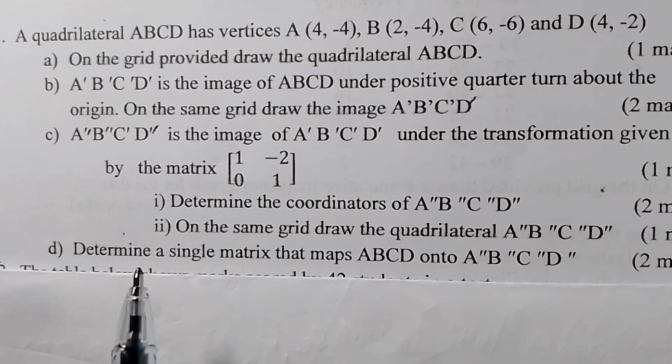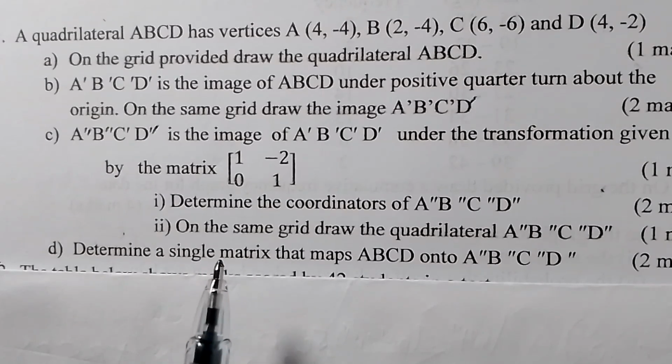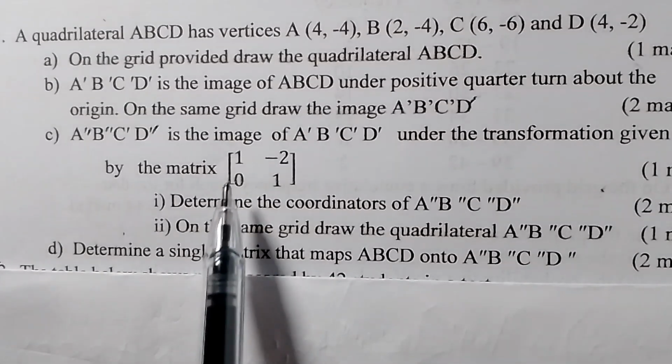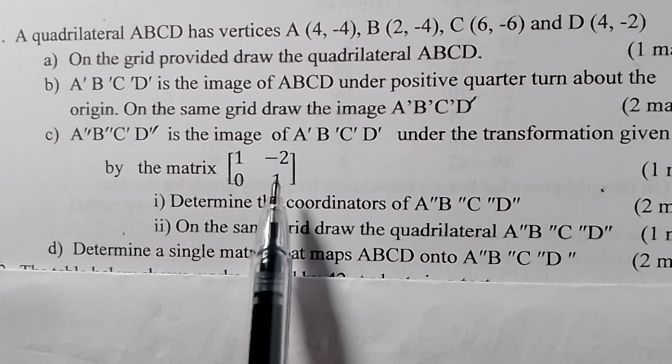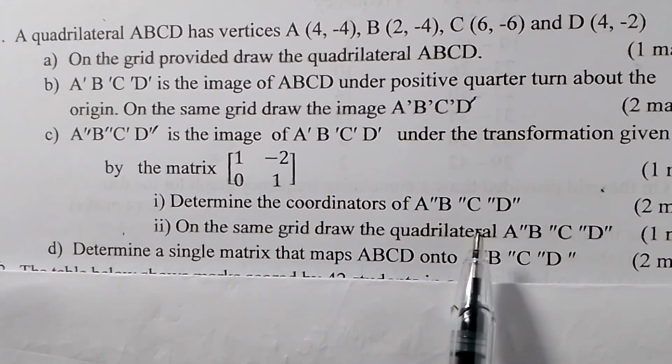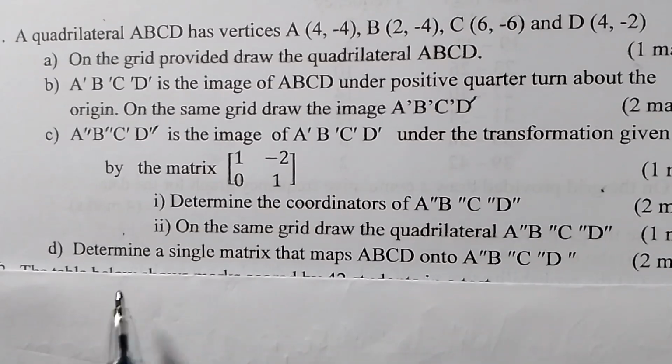On the same grid, draw the image A1, B1, C1, D1. A2, B2, C2, D2 is the image of A1, B1, C1, D1 under a transformation given by the matrix (1, 0; -2, 0, 1). Determine the coordinates of A2, B2, C2, D2, 2 marks.